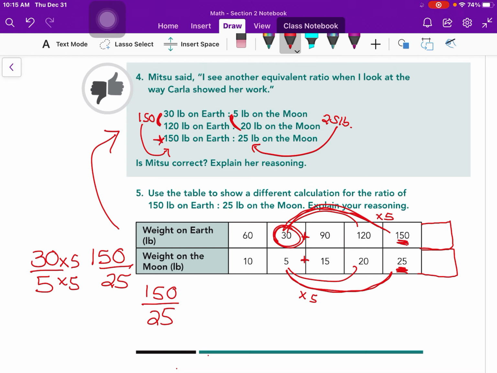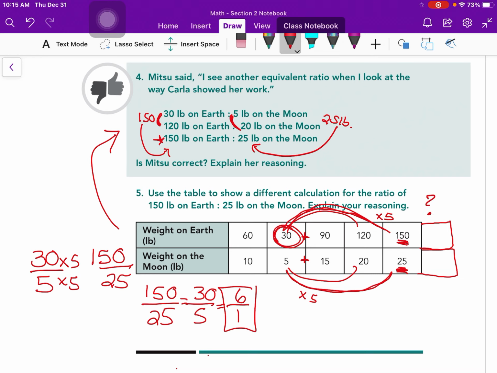Let's make sure that this is an equivalent ratio. Let's see. 5 goes into 15, 30. Get it down to that, and 30 divided by 5 is 6 over 1. So yes, I still get it down to my equivalent unit ratio of 6 to 1.